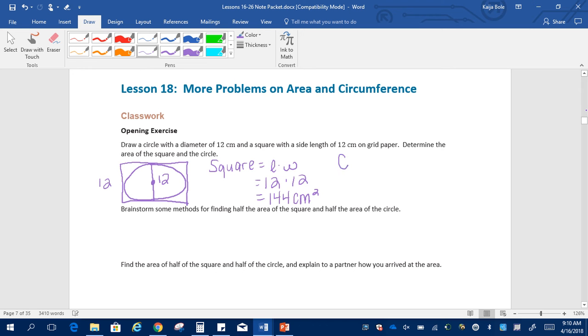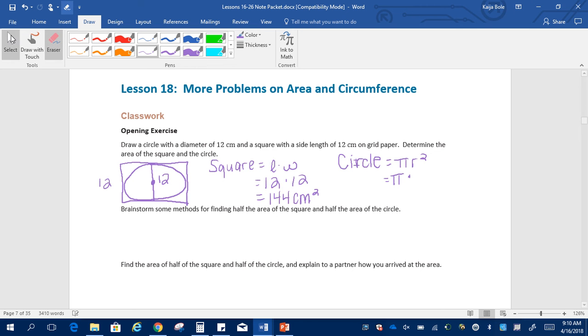Now if we do a circle, we're going to use the area of a circle. I should write it as circle or so you think it's circumference. The circle, the area is pi r squared. So we're going to have pi times, or not 12, sorry, r squared.